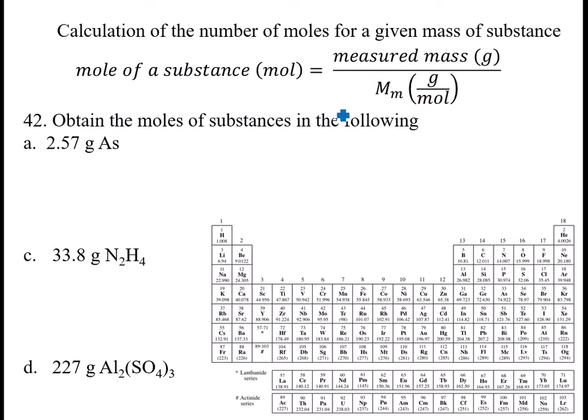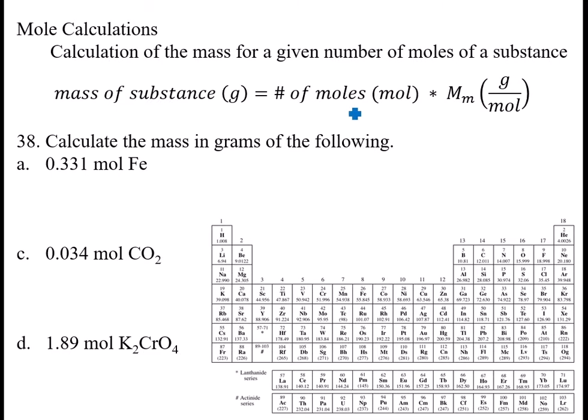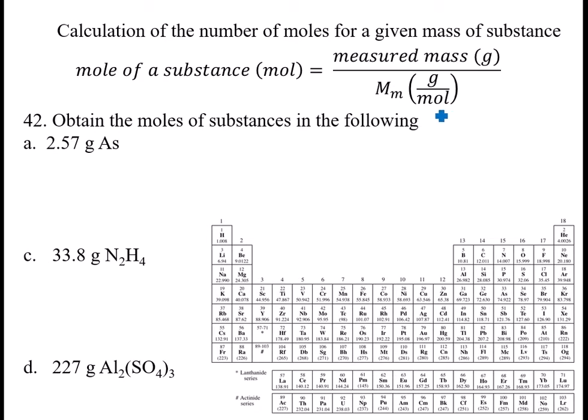Okay, and so you're going to have to keep straight in which way you go. Do I need to multiply by molar mass, or do I need to divide by molar mass? And if you're good with units, you can use the units to determine. In order to cancel out the grams, I have to divide. In order to cancel out the moles, like I did in the last problem, I have to multiply. Okay, so if nothing else, you can use the units to determine this.